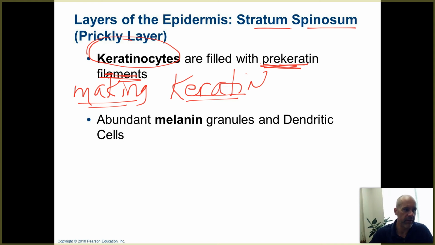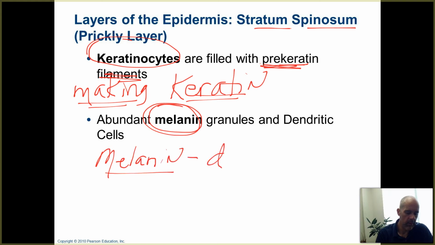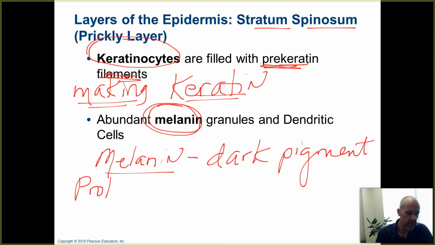You also have a lot of melanin granules in this sublayer. Melanin, again, is a dark skin pigment. And its main function is protection or shielding from ultraviolet light.